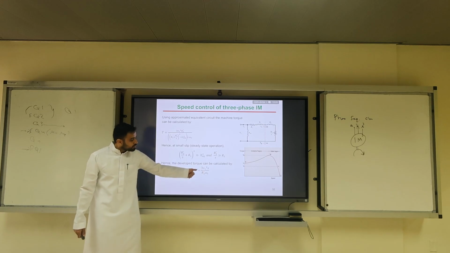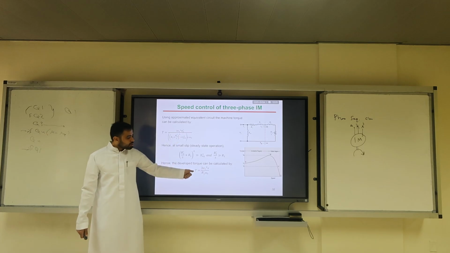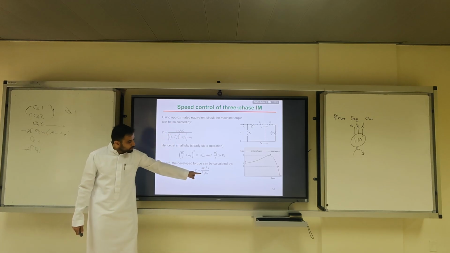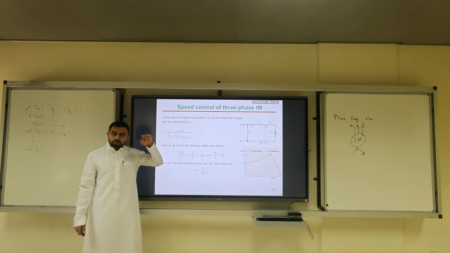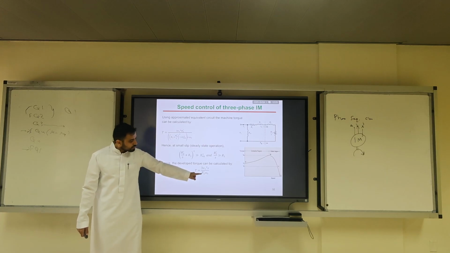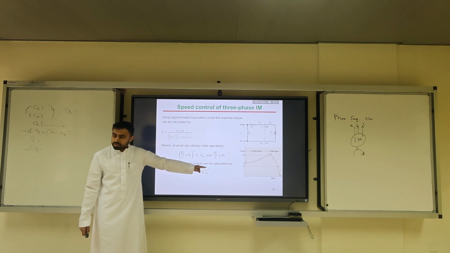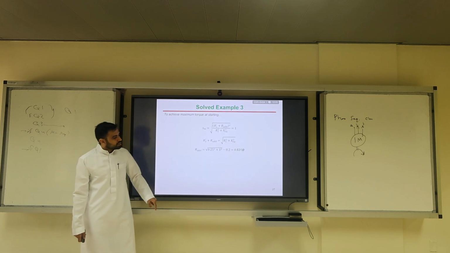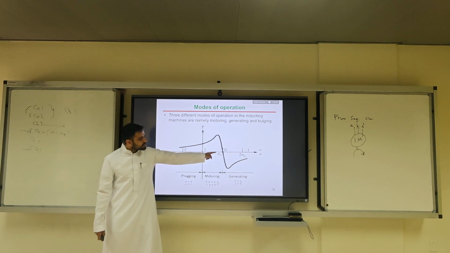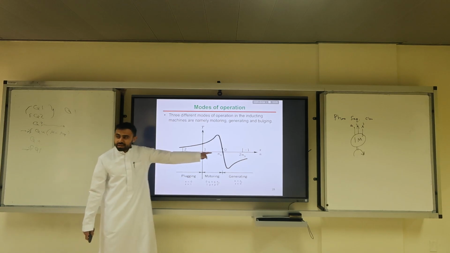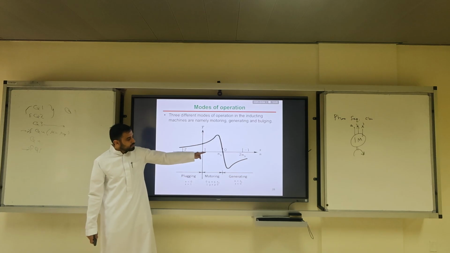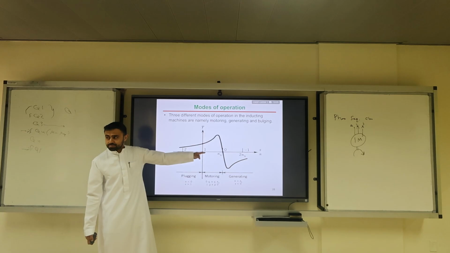So what do we notice? If you increase the voltage, your torque will be higher. If you increase the resistance, your torque will go down. If you change the slip, meaning if you make the slip larger, which means the speed is lower, your torque will be larger.